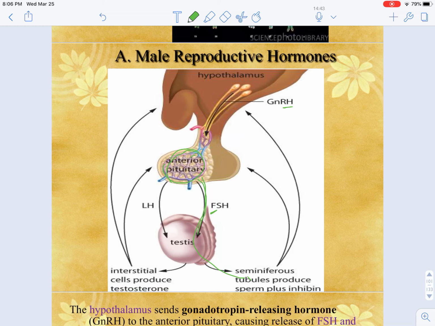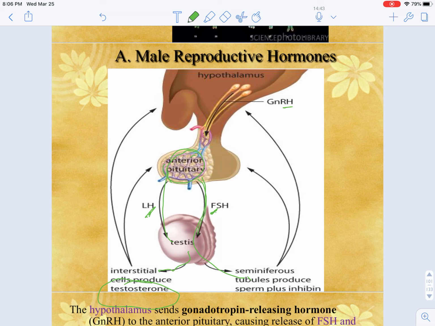Incidentally, follicle stimulating hormone in females is for egg production, so the word follicle stimulating will make you think about gametes. The anterior pituitary releases LH in order to cause those interstitial cells to produce their hormone testosterone, which I mentioned in an earlier lesson. This is a pretty simple feedback loop.